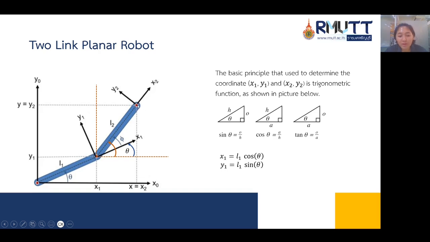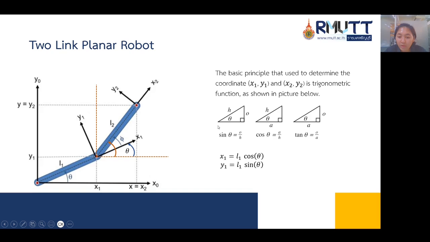For the calculation of forward kinematics, let's calculate the forward kinematics of this two-link planar robot. The principle we use is the trigonometric function. Like in this picture, there is a triangle with a theta.